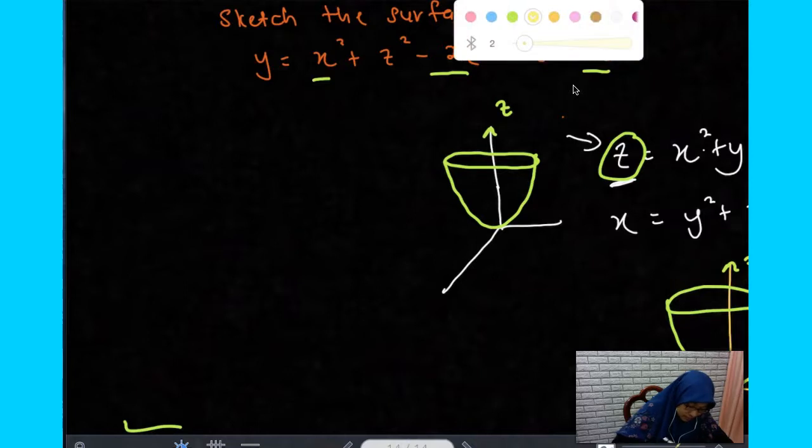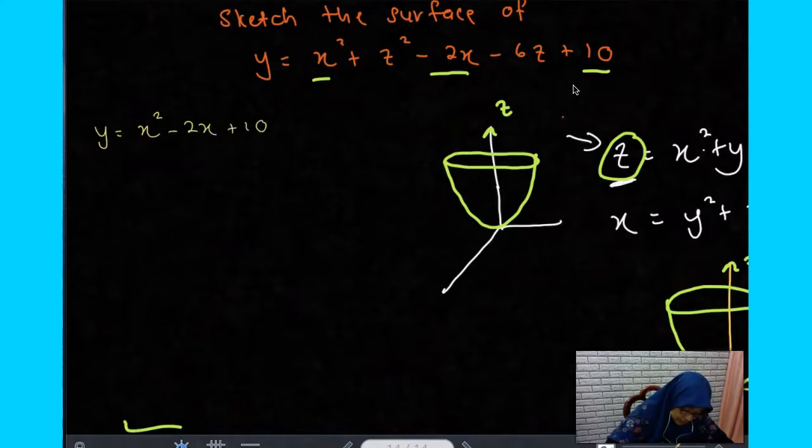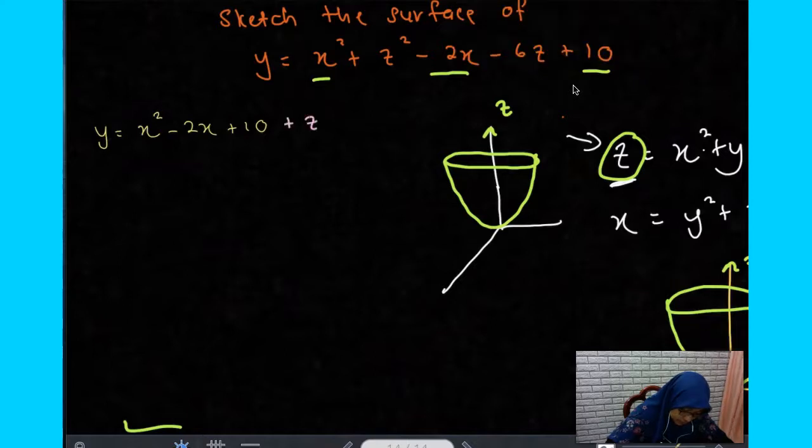So now I rewrite the form. So now I have y equal to x squared. So I group that into the family of x, so minus 2x plus 10. And then the rest is the family of z, so plus z squared minus 6z.